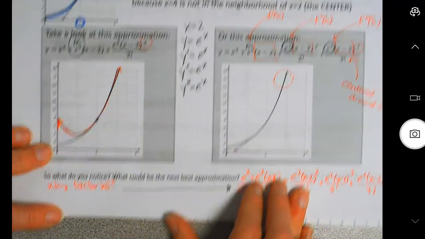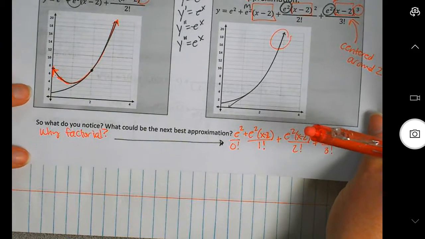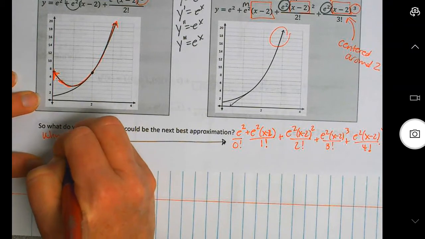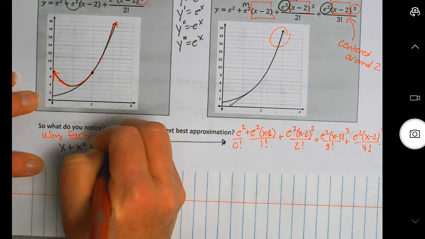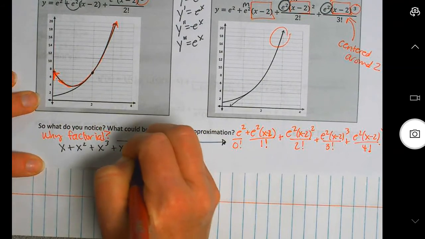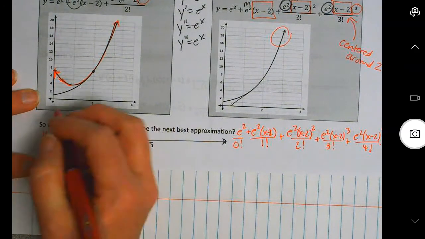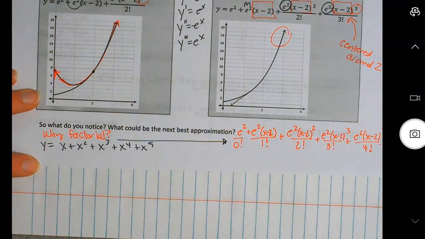So we want to know why this, just for a second, so this will make sense. Let's take a very, very basic polynomial. If we said x plus x squared plus x cubed plus x to the 4th plus x to the 5th. I'm not going to have enough room to write a whole bunch of derivatives on this particular paper. This is my y equals, because I'm going to run out of space.